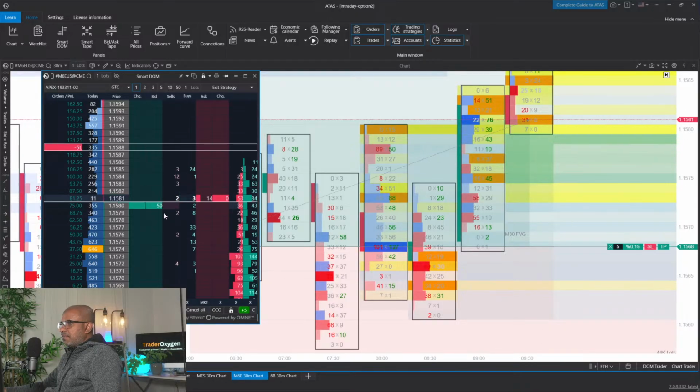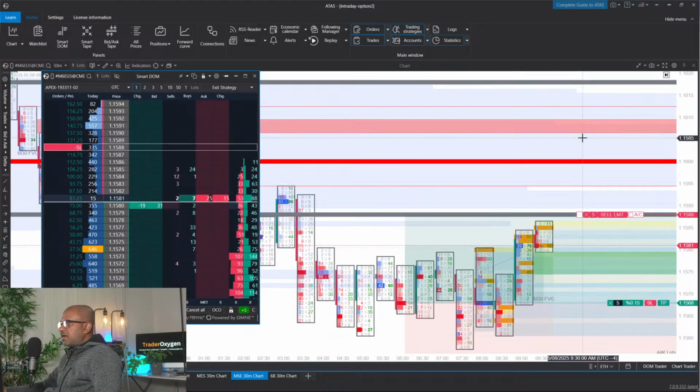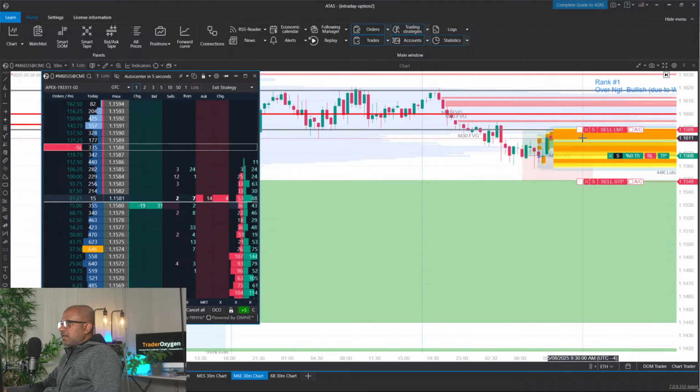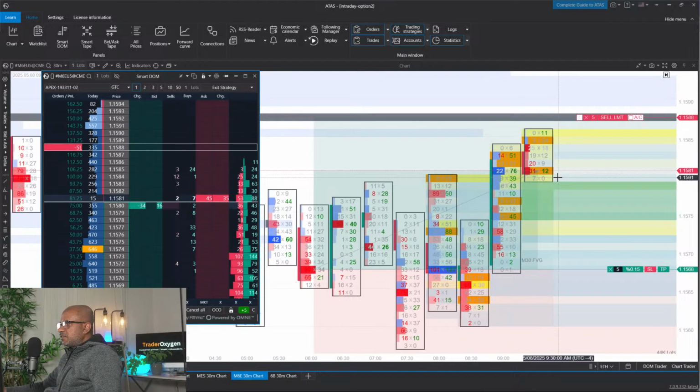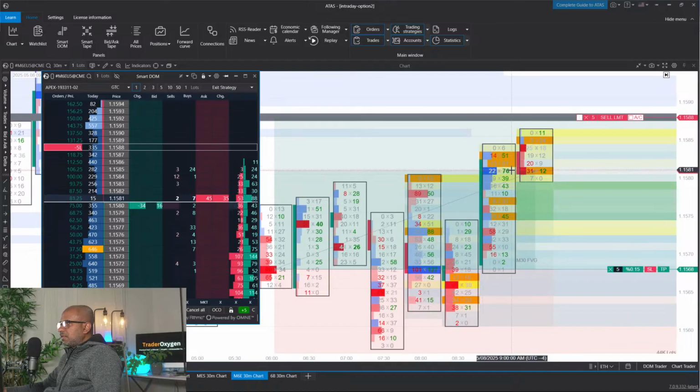But buyers are also fighting. You can see over here in the previous candle, these are 30-minute candles. I'm in the 30-minute chart, currently the Euro FX futures 30-minute chart. In these candles, at this price point there were more buyers than sellers.